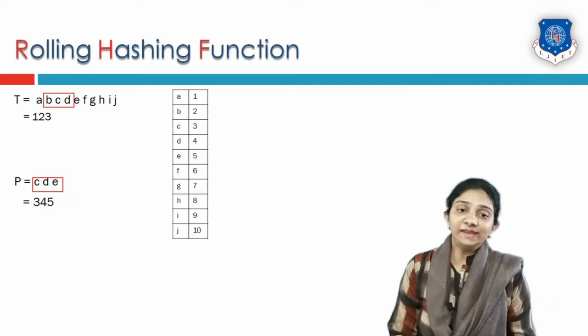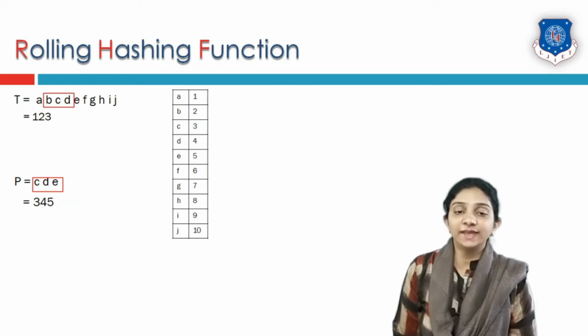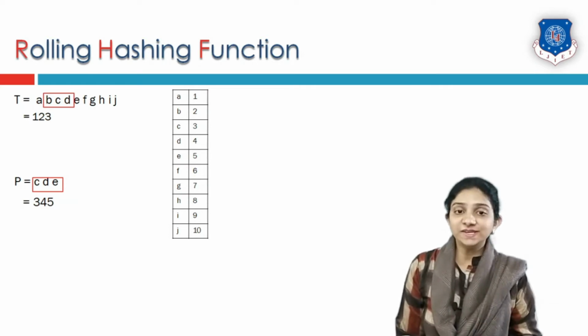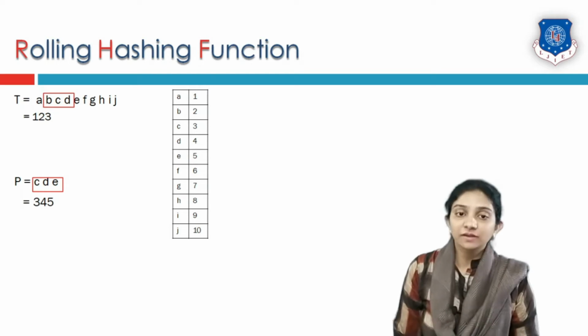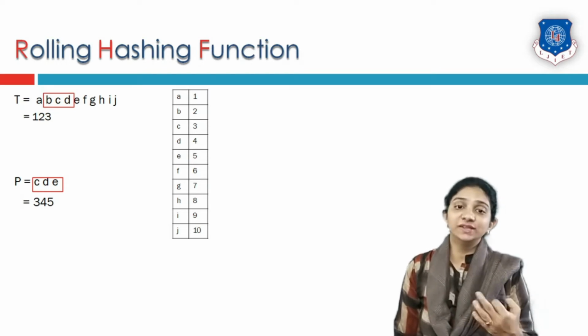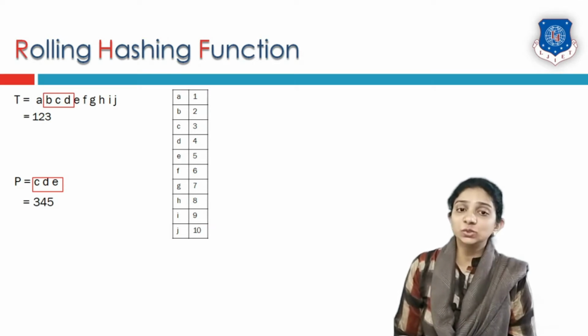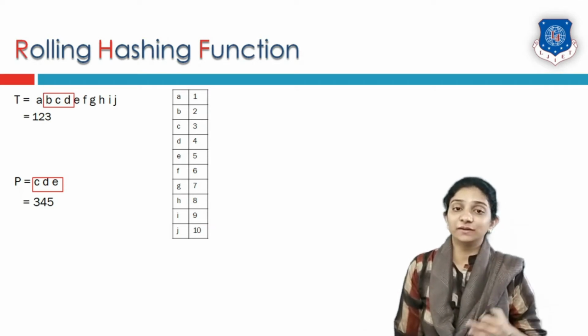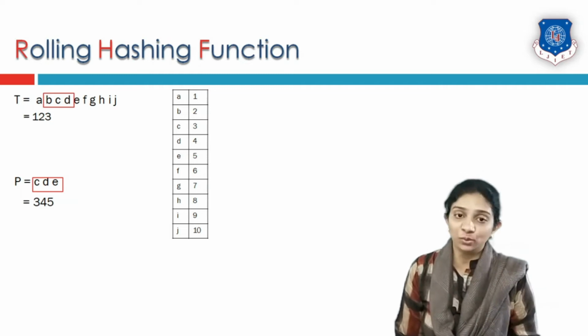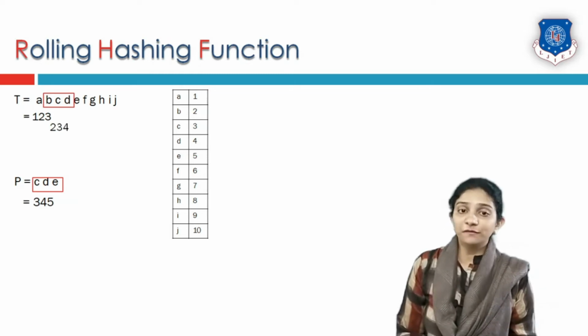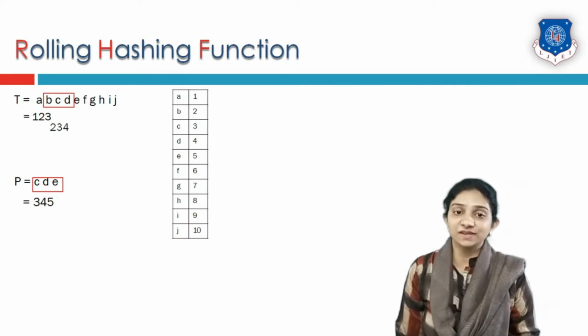There are some characters of text which still need to be matched. So we need to match the next 3 character window, that is B, C, D, with our pattern. We are not going to match this window's characters with pattern characters directly, but first we need to convert our characters B, C, D into one equivalent number. So code for B is 2, code for C is 3 and code for D is 4.